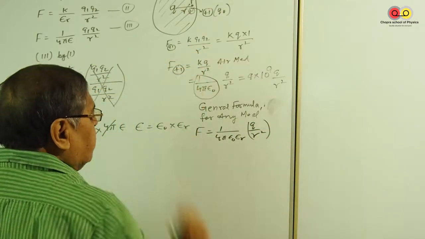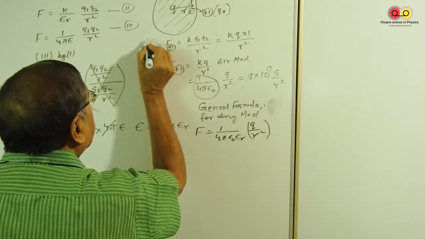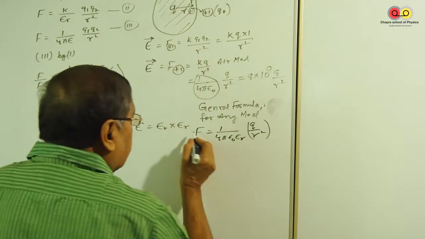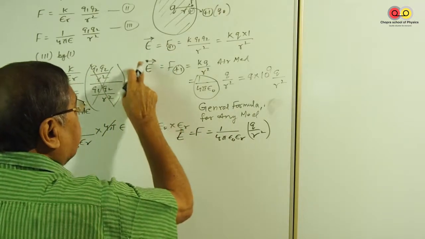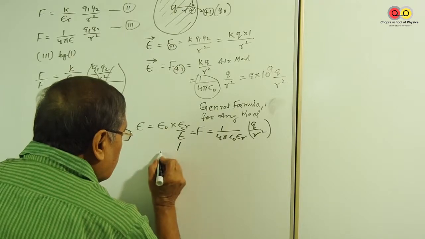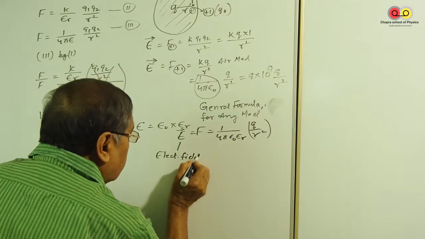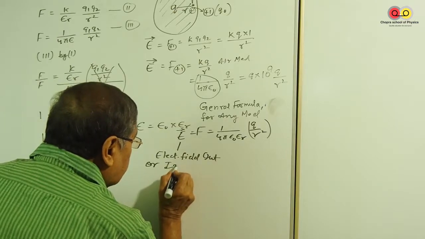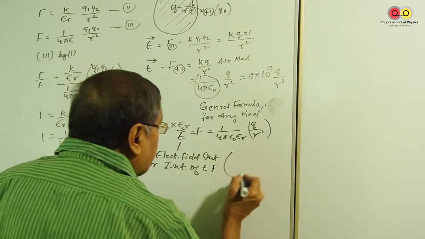Now this force which we have written will be taken as electric field intensity. I'm putting an arrow over E. E stands for electric field intensity, or intensity of electric field. It is a vector quantity.